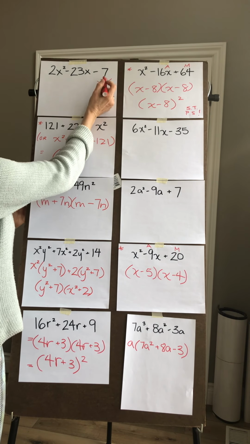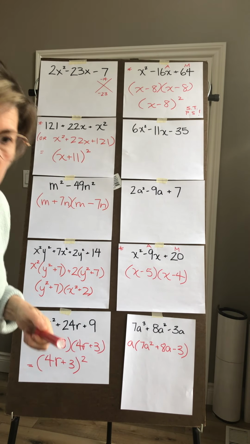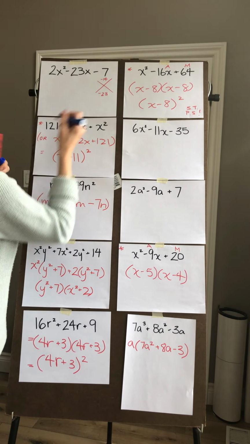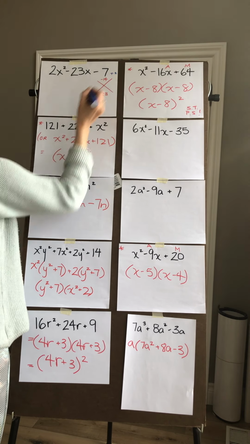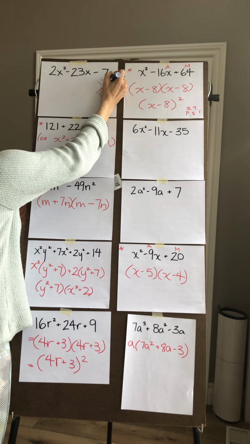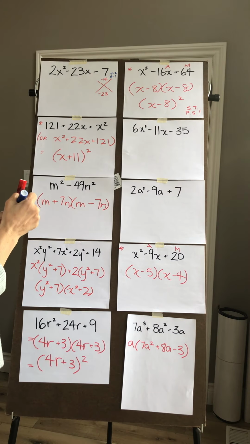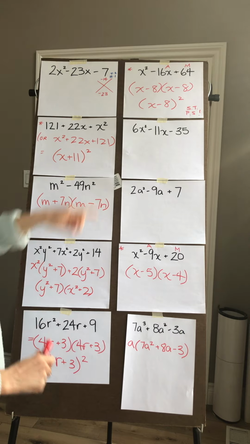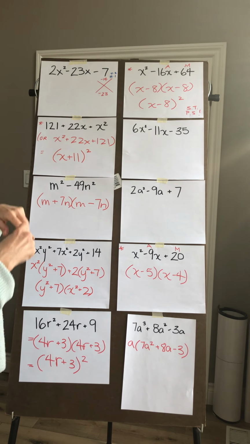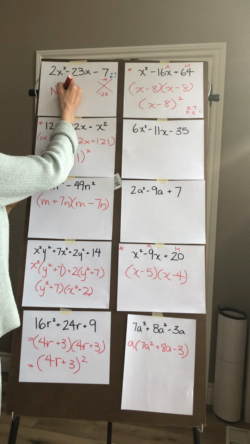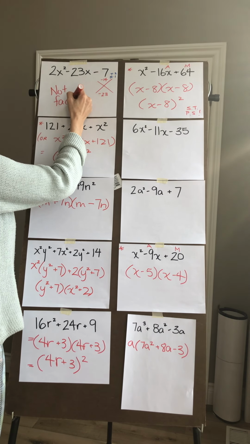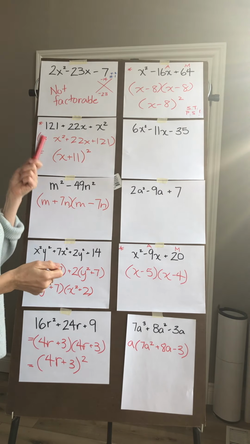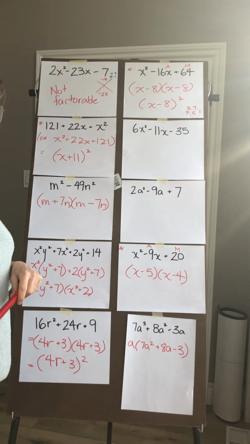Okay, can you think of any? 7 and 2 multiply to 14, and 14 and 1. Can you make 7 and 2 into 23? Nope. Can you make 14 and 1 into 23? So I am pretty sure this one is not factorable. Okay, and I can show you how to check these all on Desmos in just a sec.